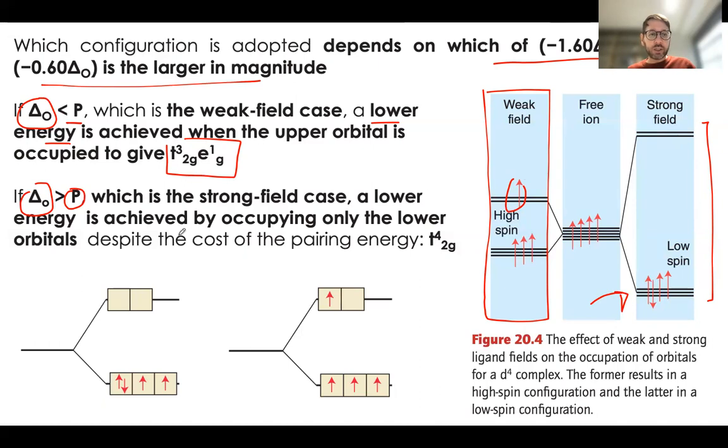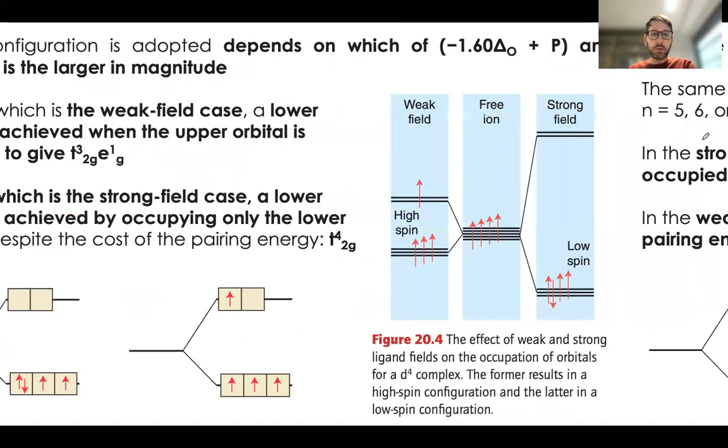So the lower energy is achieved by occupying only the lower orbitals, despite the cost of the pairing energy. So this is the strong field case, large ligand field splitting parameter.